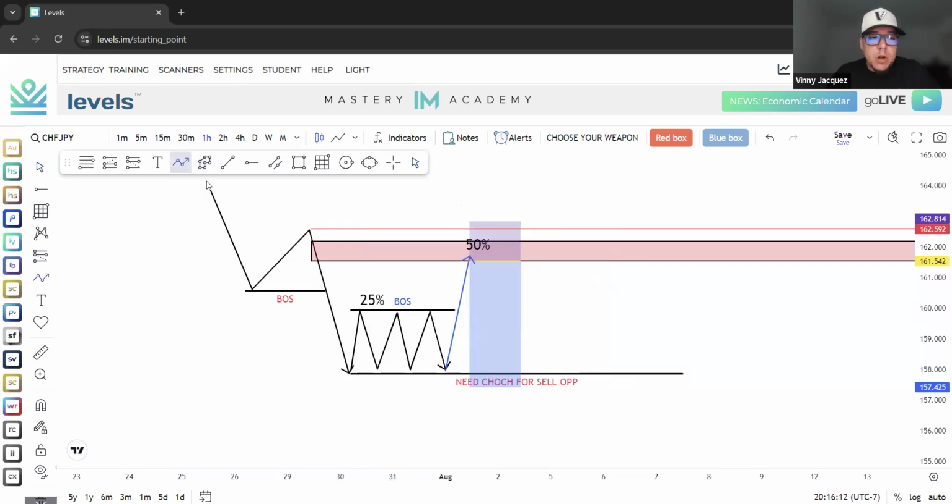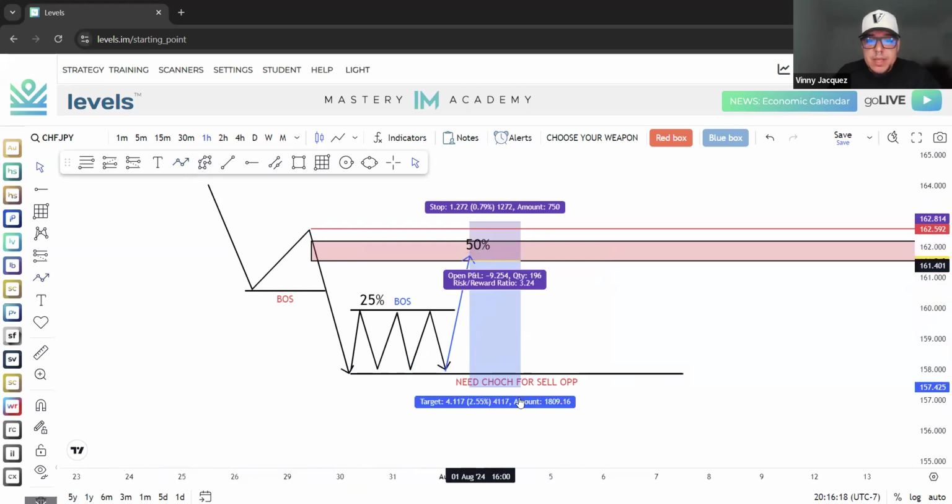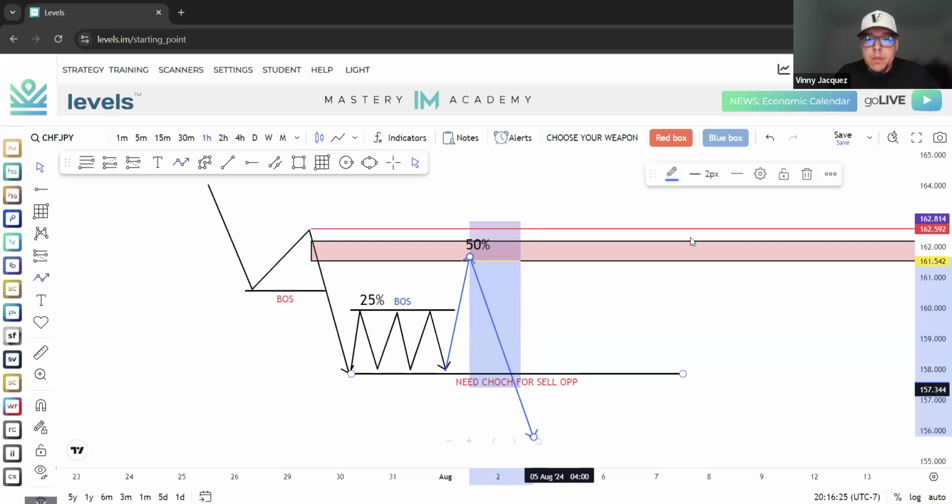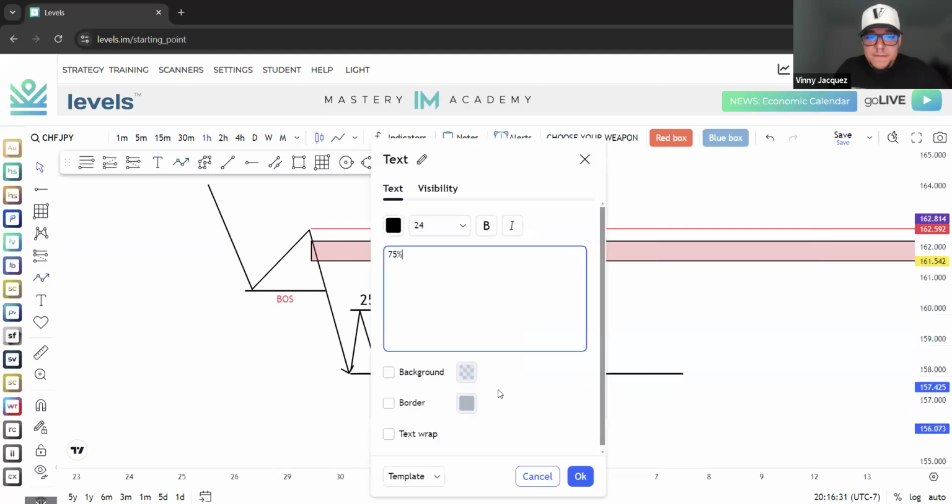Because the market is going up right here, we need the market to actually change direction from up to down. Once the market gives me this breakout to the downside, this gave me 75% of the head and shoulder setup, guys. 75%.